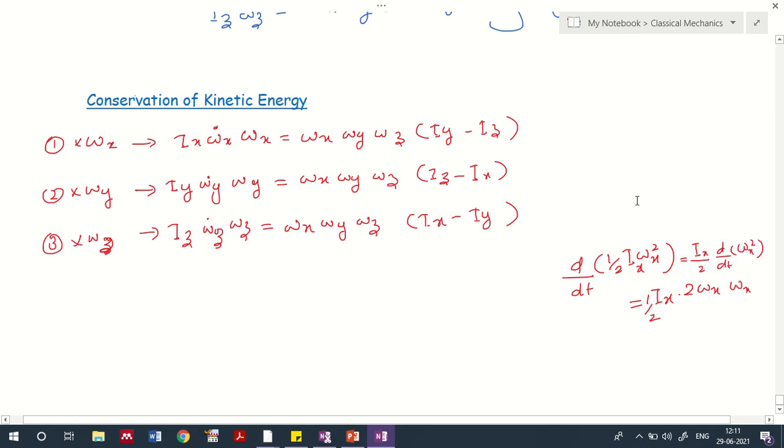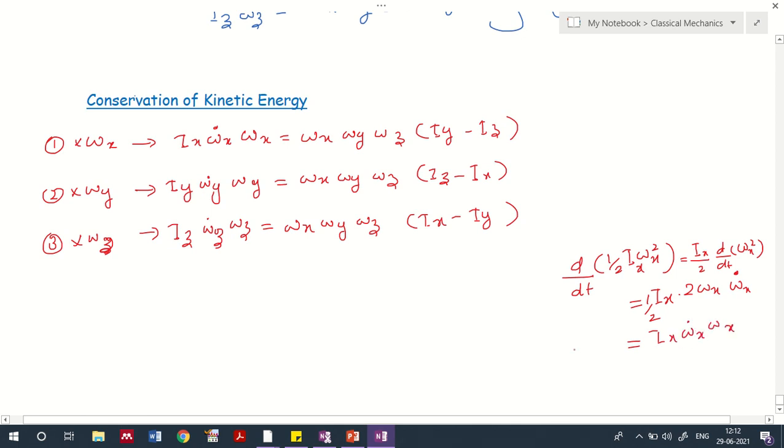The half and 2 cancel, and you have Ix omega x dot omega x.